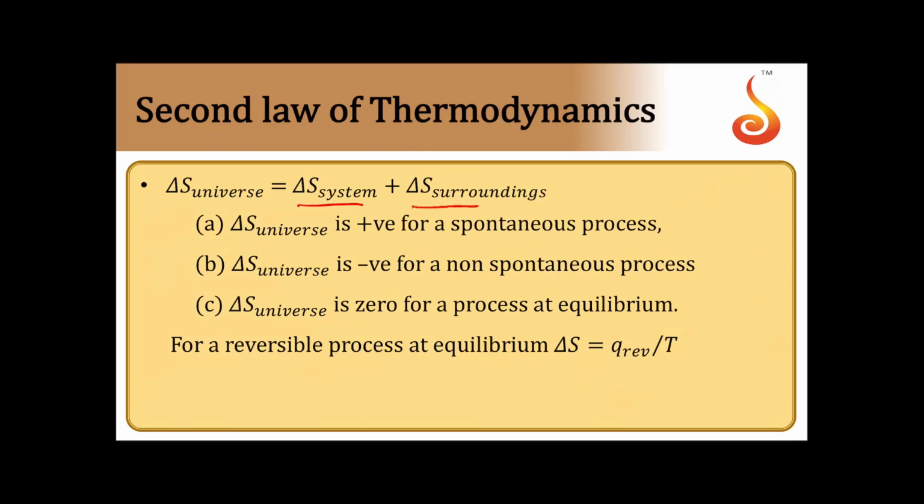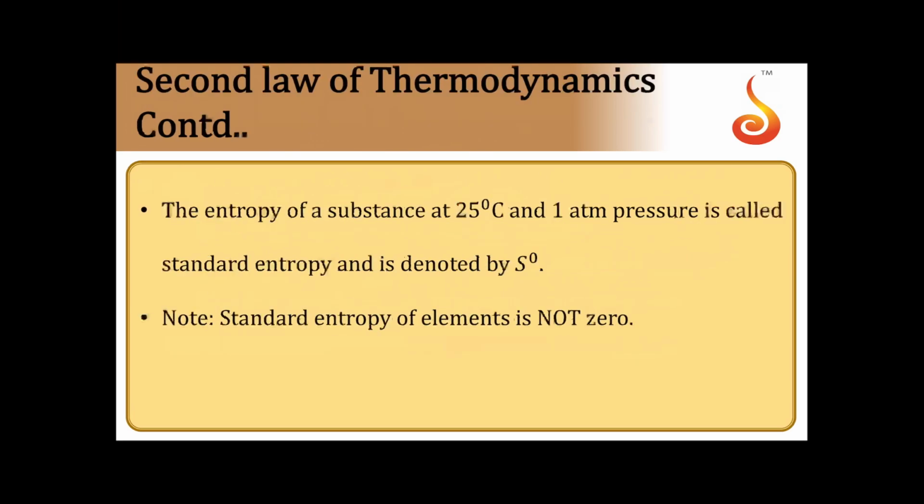If delta S of universe is positive, it is a spontaneous process. If delta S of universe is negative, it is a non-spontaneous process. And if it is zero, it is an equilibrium state.